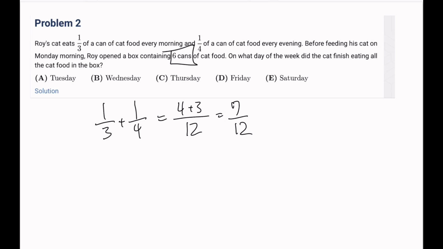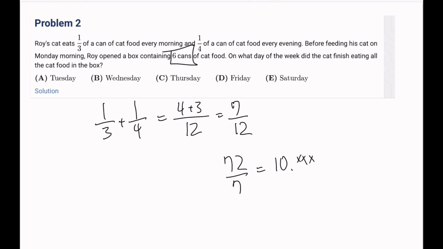And so for seeing how long this will last, we should do 6 divided by 7 over 12, right? And so if we switch this to multiplication, that would be 6 times 12 over 7. 6 times 12 is 72, right? So this would be 72 over 7, which is 10 point something.